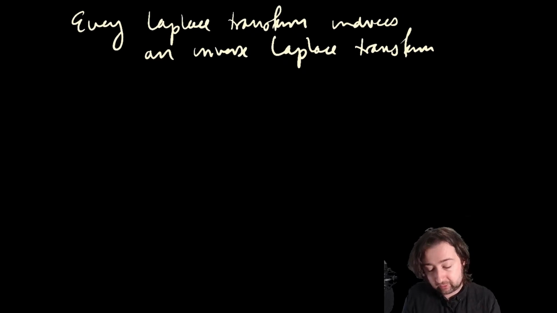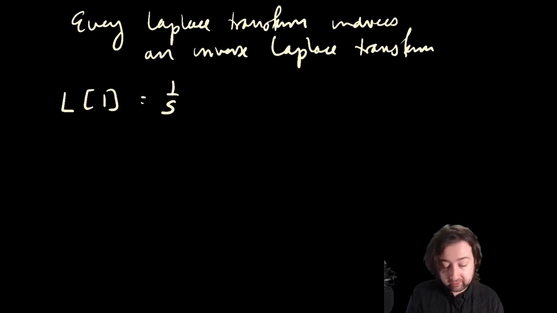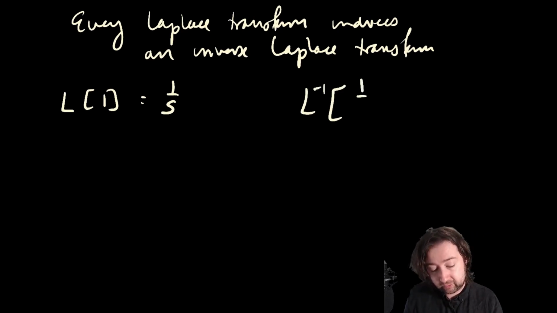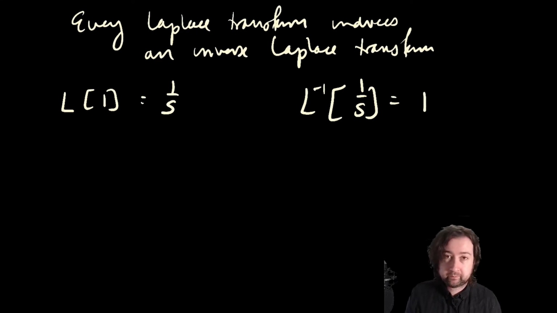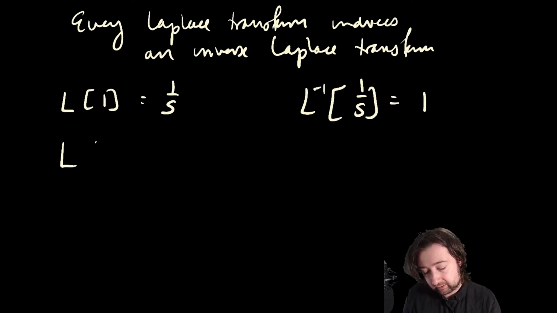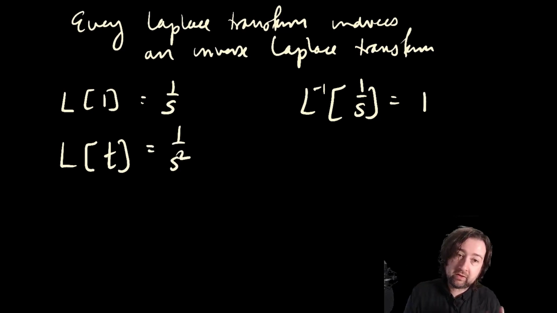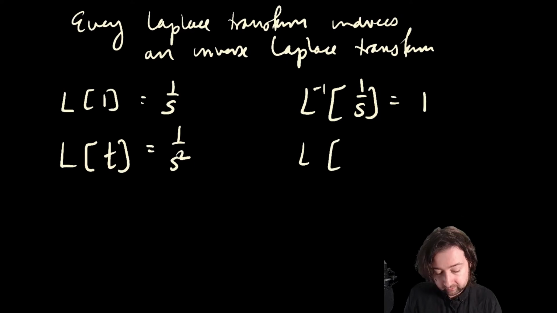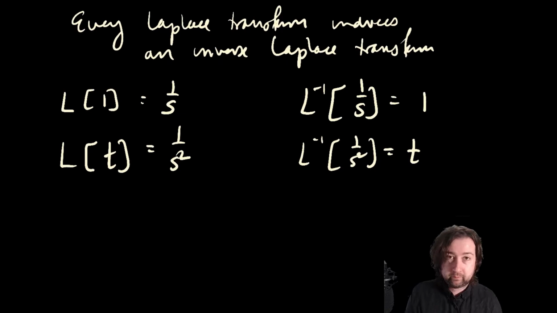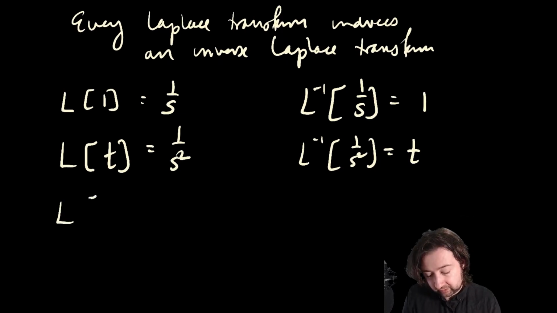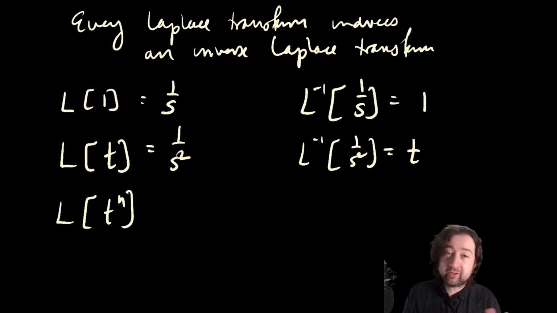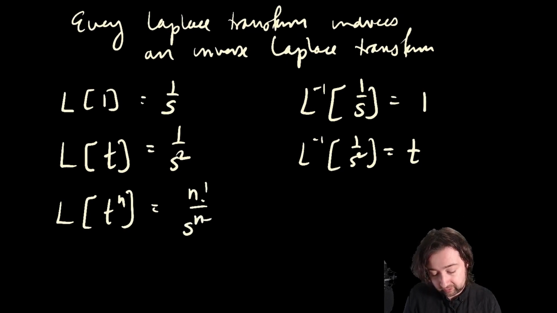We've already shown that the Laplace transform of 1 is equal to 1 over s. And that means that the inverse Laplace transform of 1 over s is equal to 1. We've already shown that the Laplace transform of t is 1 over s squared. And that means that the inverse Laplace transform of 1 over s squared is t. We've asserted that the Laplace transform of t to the n is equal to n factorial over s to the n plus 1.